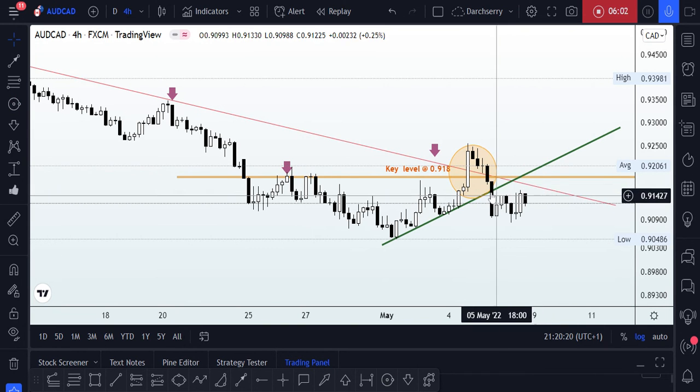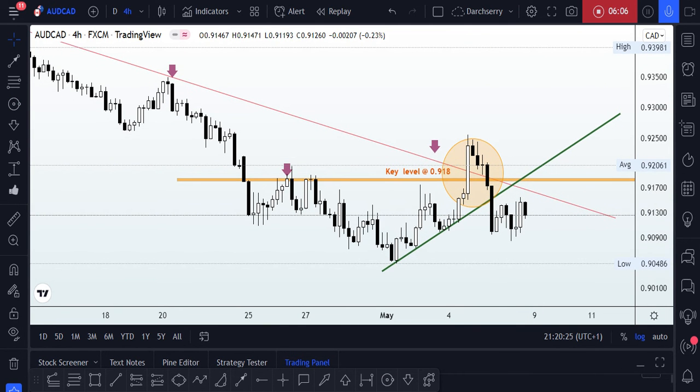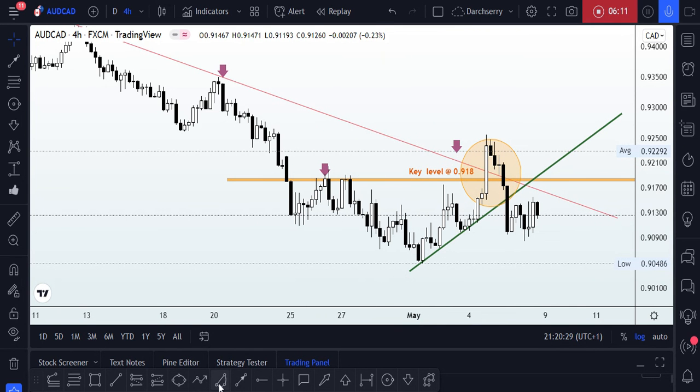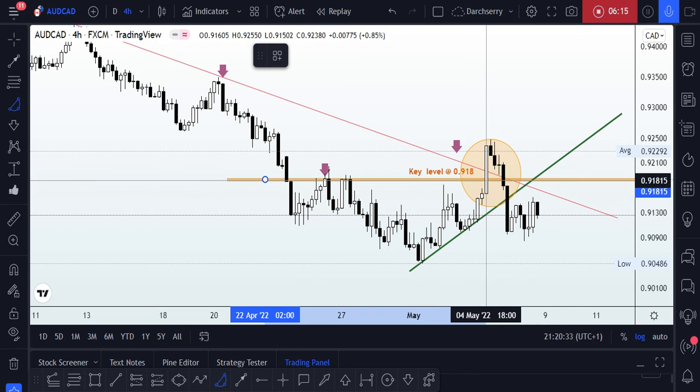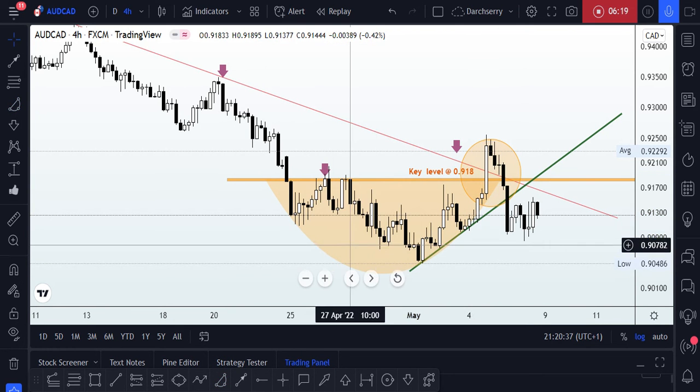Whatever happens during the course of the week will determine what we are going to do on this pair. Are we going to buy? Are we going to sell? Is this a reversal pattern where we saw a breakout of structure? We still cannot confirm that.